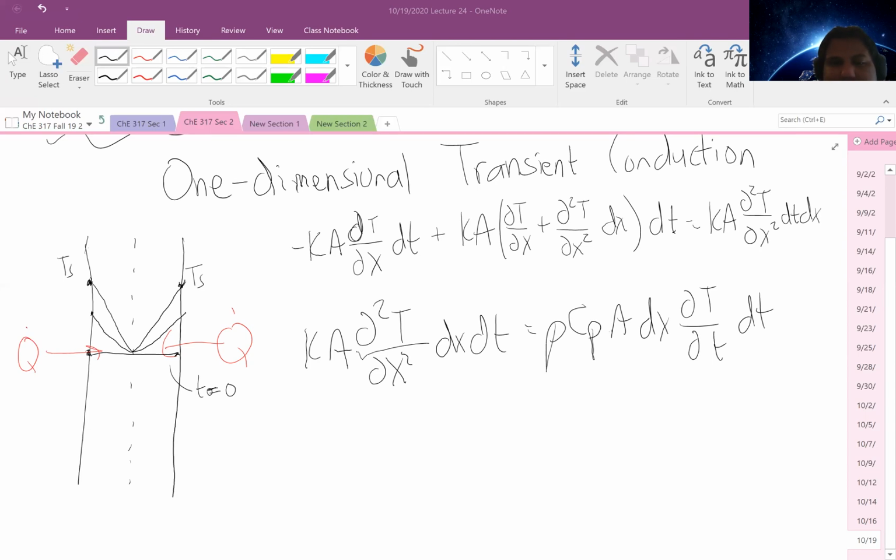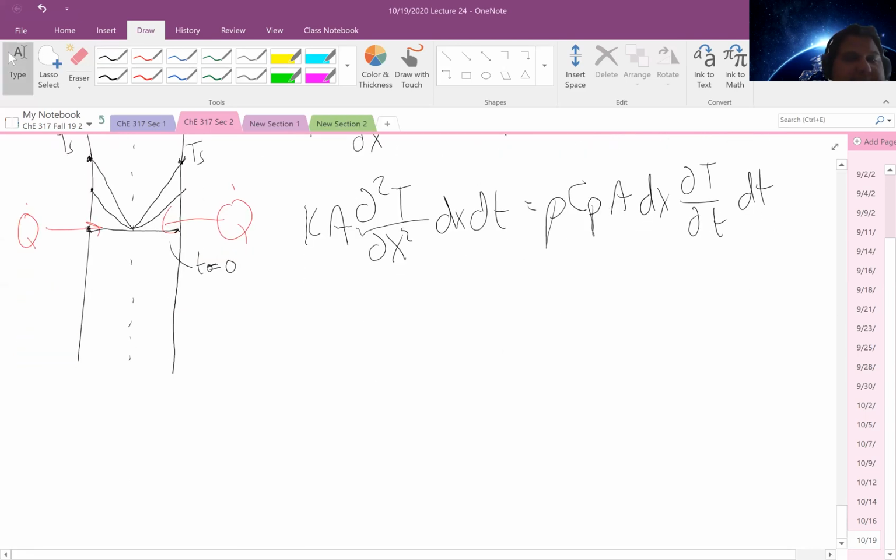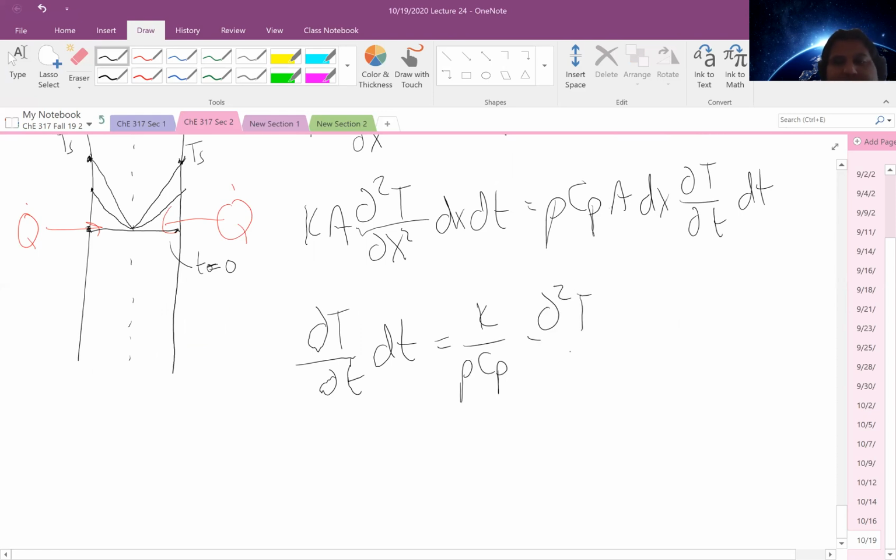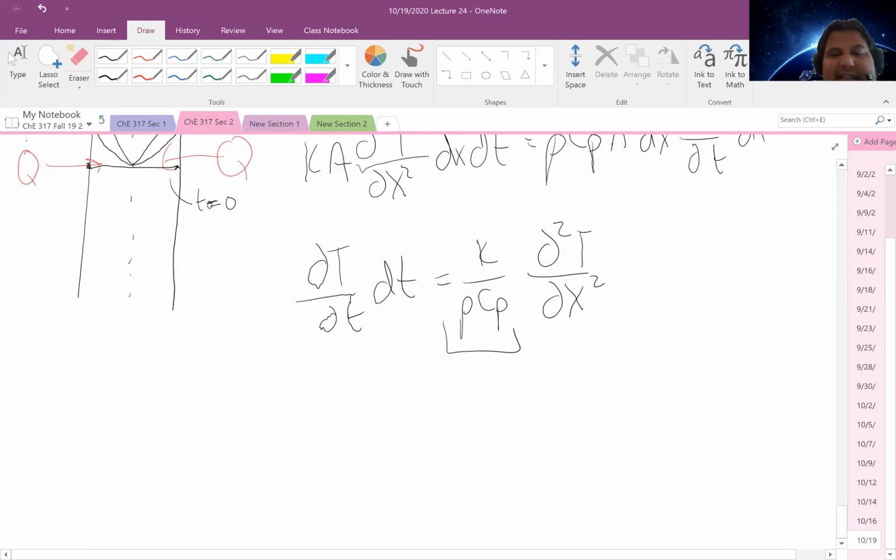And so what we find is an approximation that states the partial derivative of the temperature with respect to time can be approximated by a value which is a function of the second partial derivative of position.